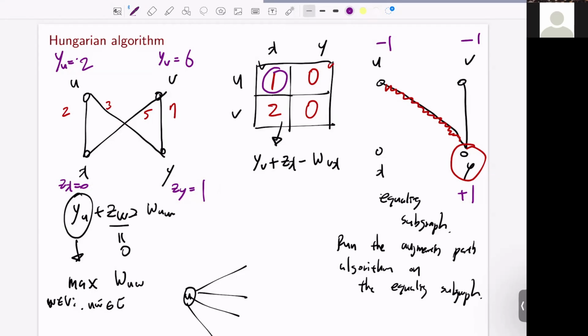Let's compute the table one more time. Again, let's update the table. In fact, these two edges that were used in my equality subgraph always survive. You don't touch them. But if you look at ux, yu plus yx equals 2, and wux is 2.